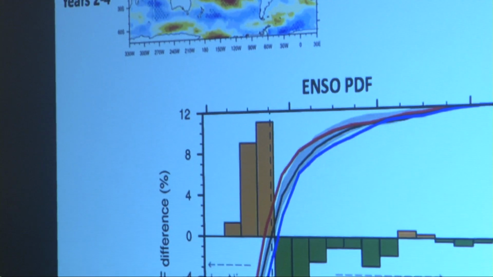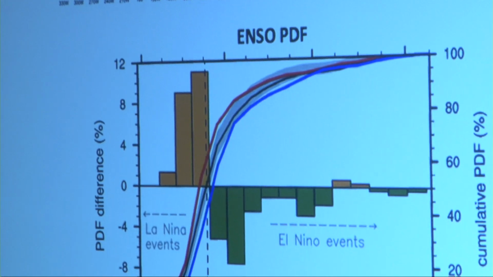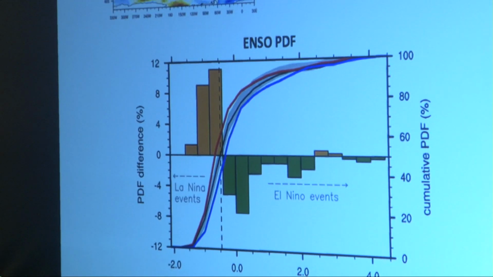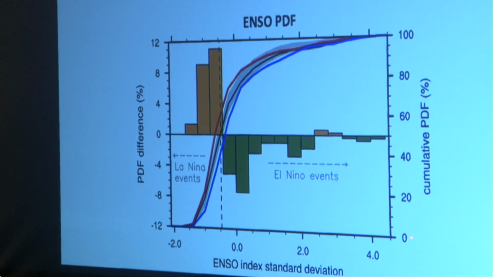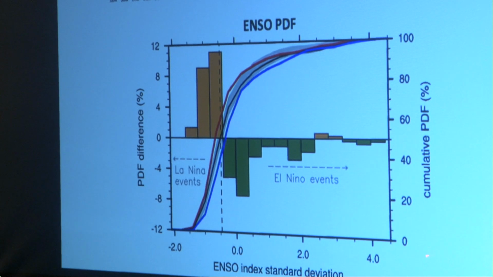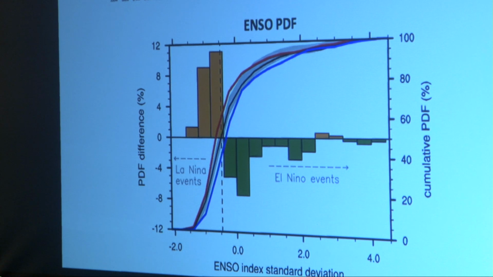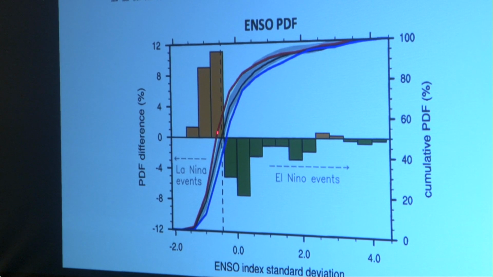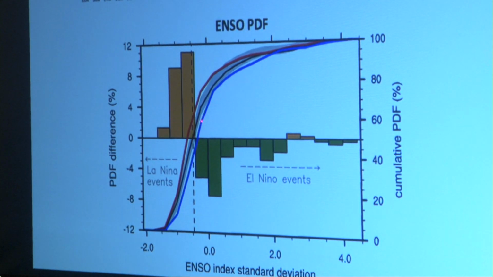The black line represents the cumulative PDF of the control simulation, going from 0% to 100%, and we are going here from La Nina events to El Nino events. And the red line represents the cumulative PDF for the AMV plus experiment. So we can see that there are more La Nina events in the AMV plus experiment compared to the control simulation.